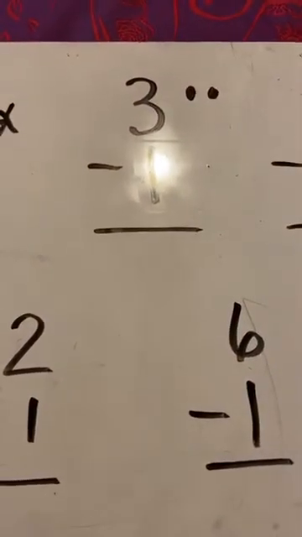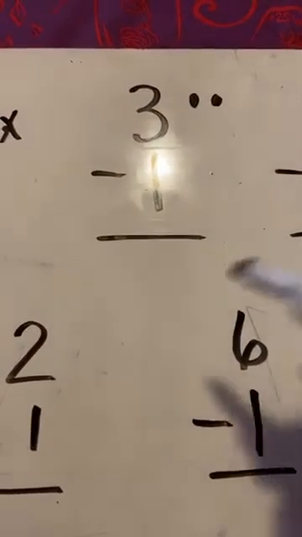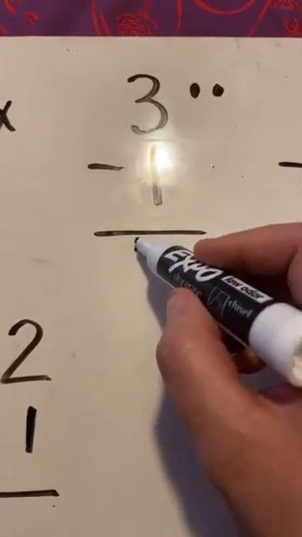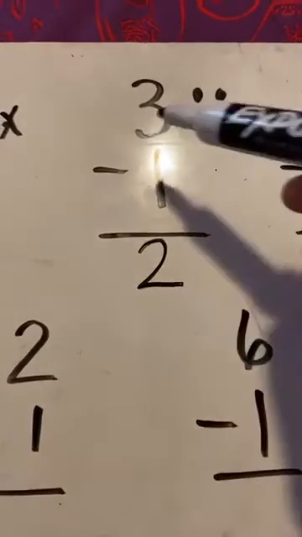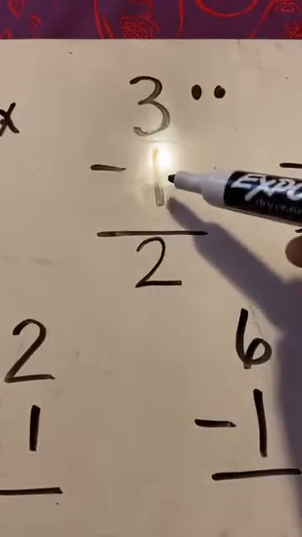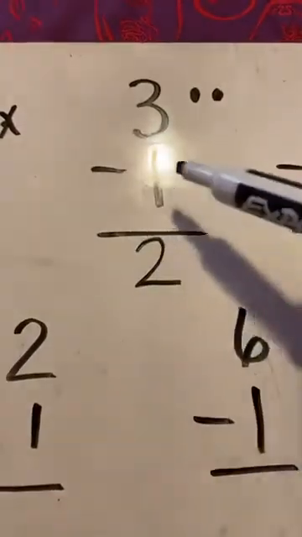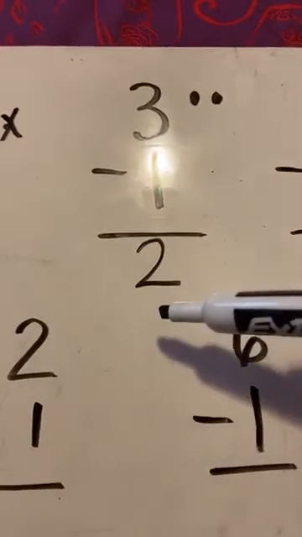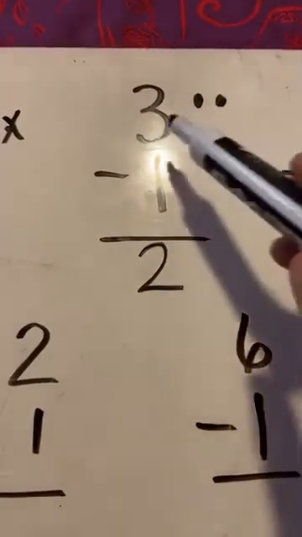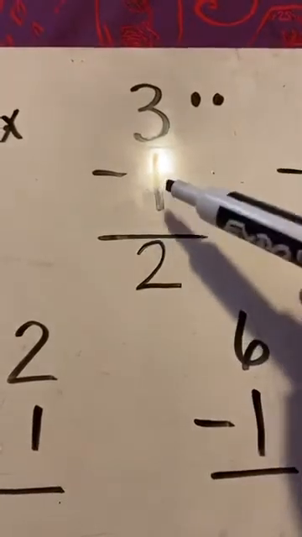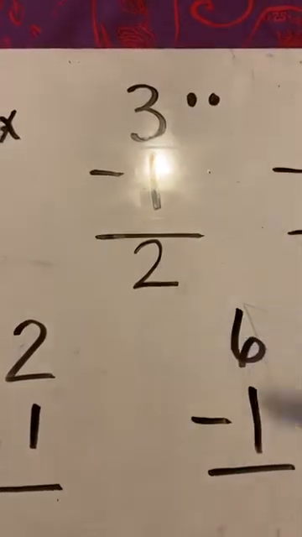How many do I have left? Yes, good work, friends. I have 2 left. So 3 take away 1 equals 2. Or 3 subtract 1 equals 2. Or 3 minus 1 equals 2.